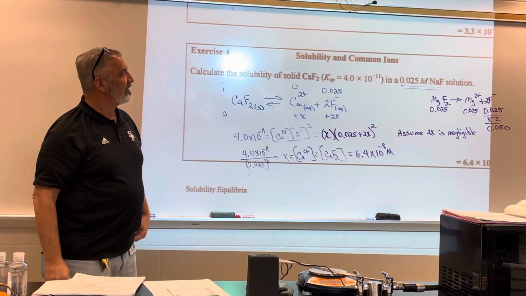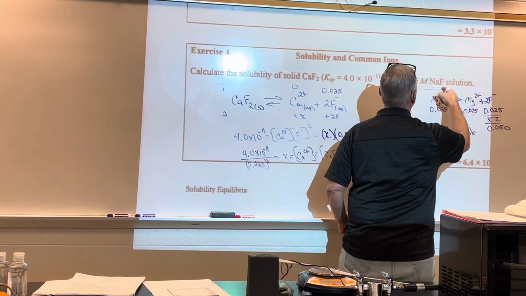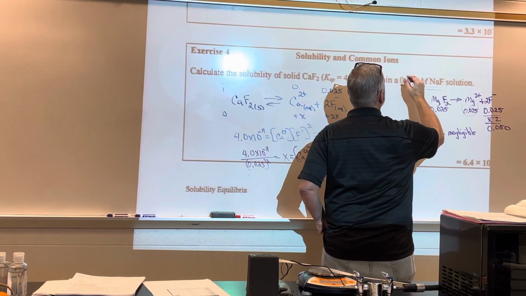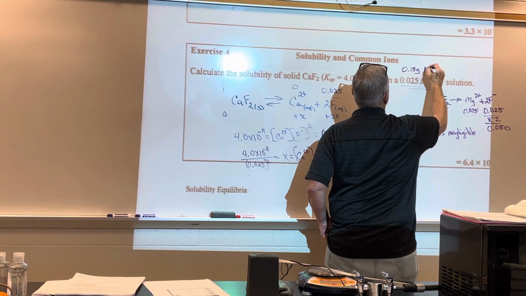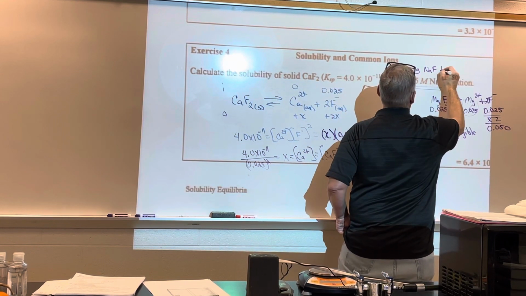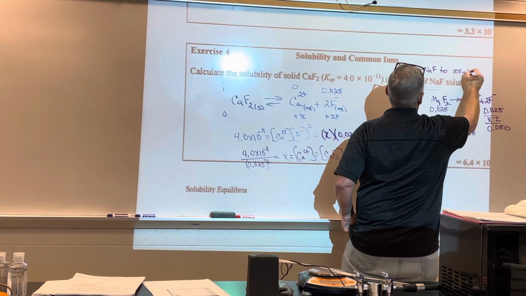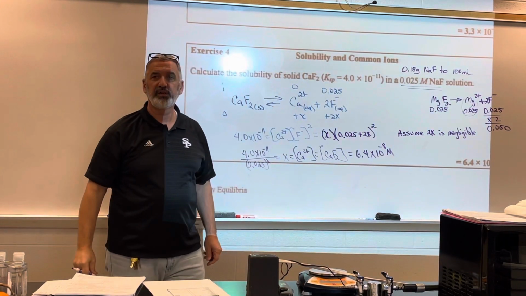Now, what if, instead of saying it was 0.025 molar, what if we said 0.15 grams of NaF was added to 100 milliliters of solution?